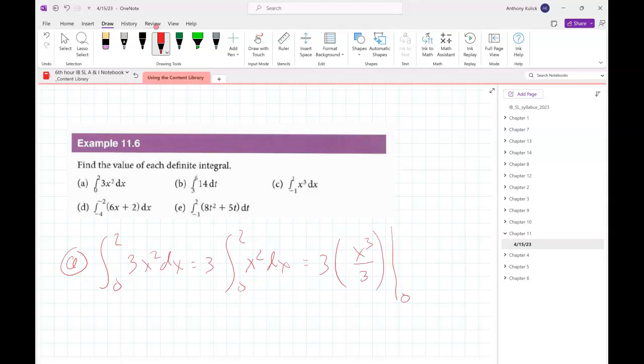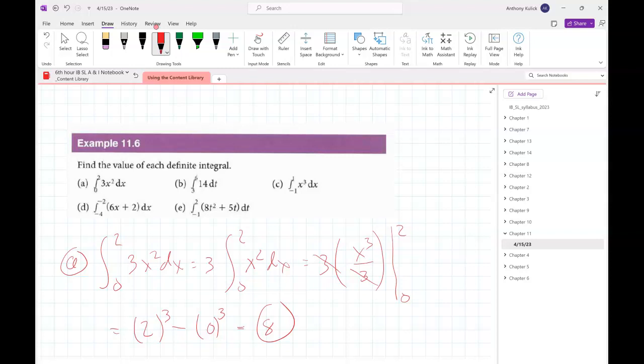And then I'm going to draw a vertical line and write 0 and 2. Those are the bounds of integration again. So the 3's cancel. So what I'm going to have then is x cubed, where I plug 2 in, minus x cubed, where I plug 0 in. My answer is 8.